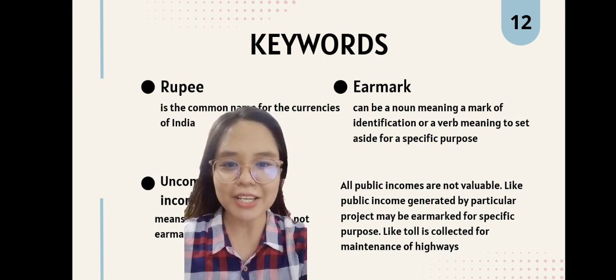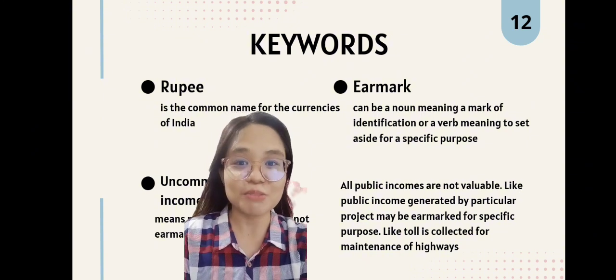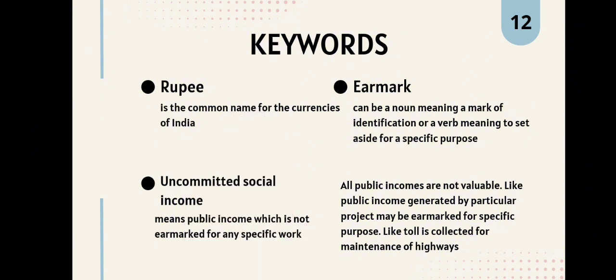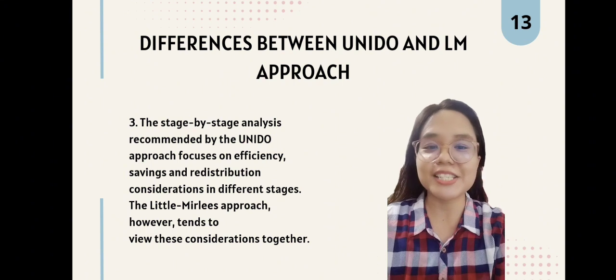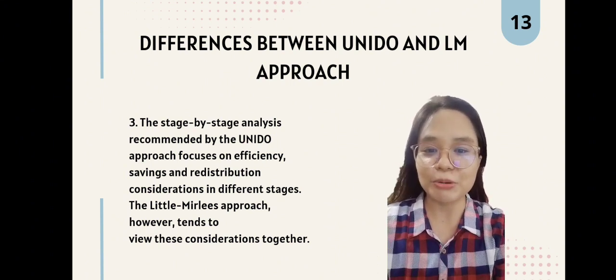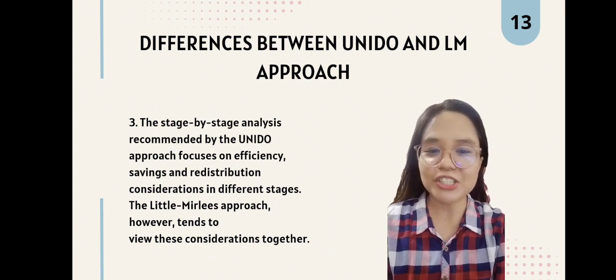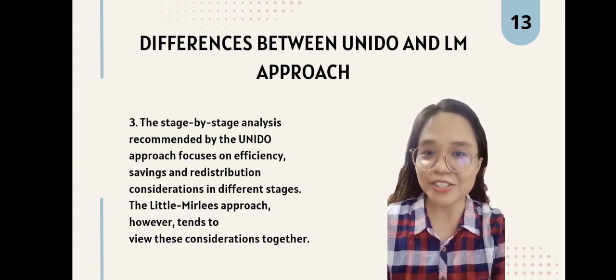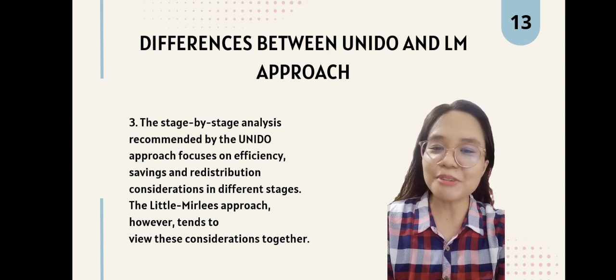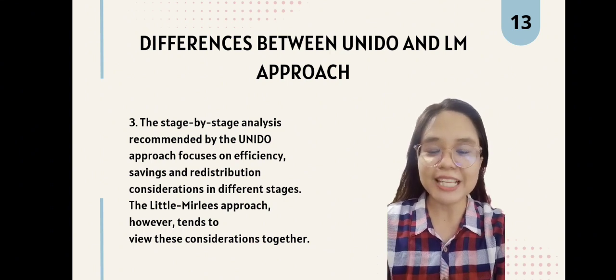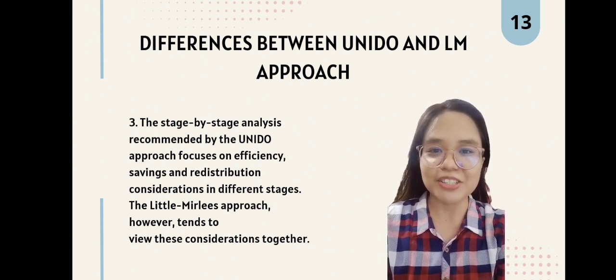So public income which is not earmarked is much more valuable. The third difference is that the stage-by-stage analysis recommended by the UNIDO approach focuses on efficiency, savings, and redistribution. The Little-Mirrlees approach, however, tends to view these considerations altogether.